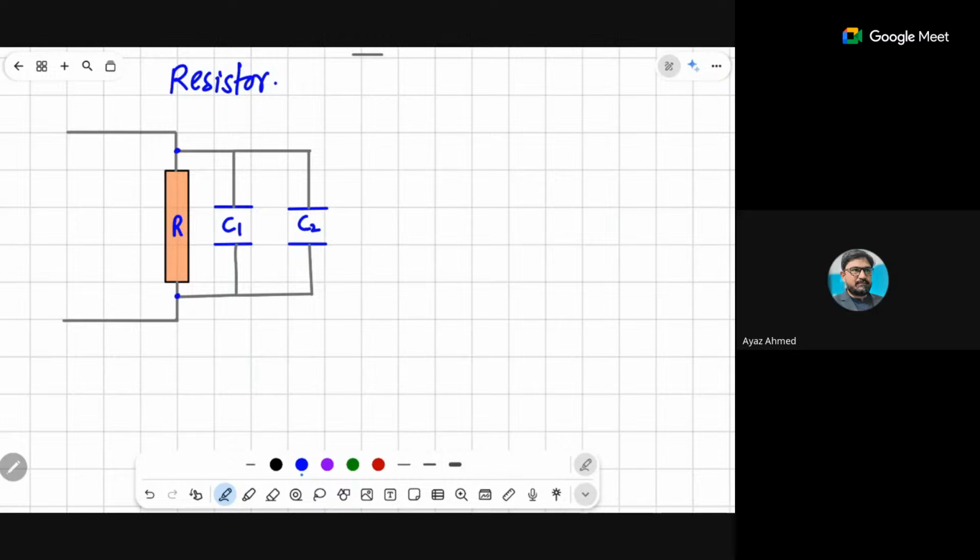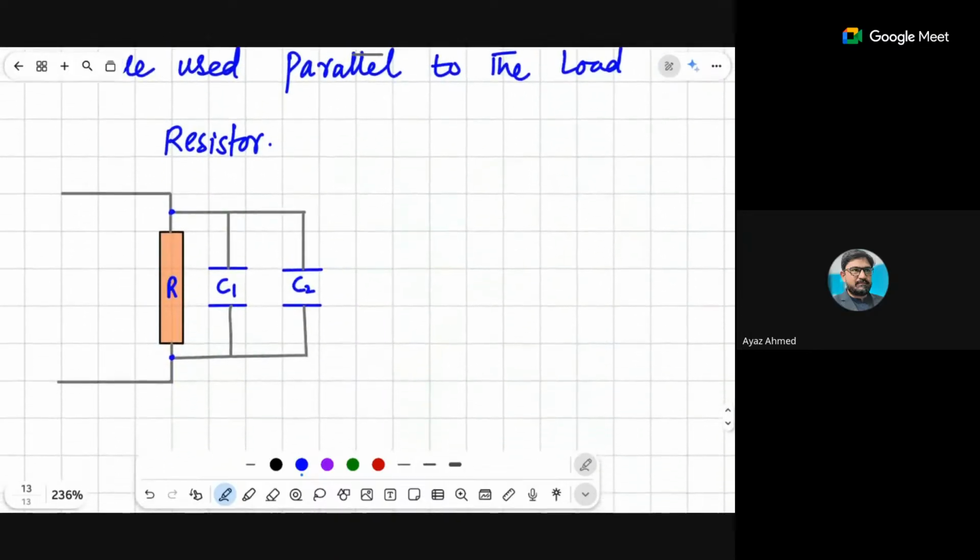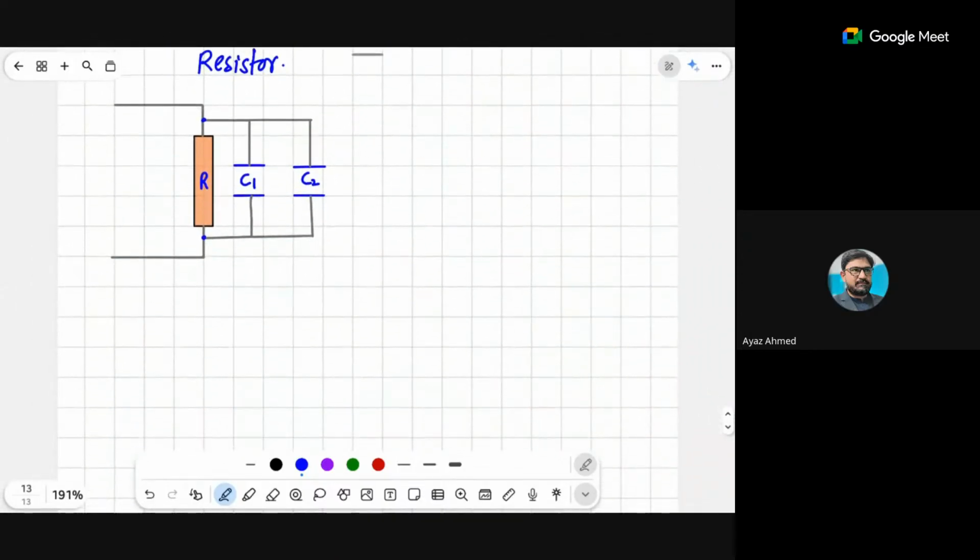So what happens actually by using the capacitors? The capacitors discharge, right? When the capacitors are discharged, they release energy, and that released energy is used to hold the voltages of the output cycle.